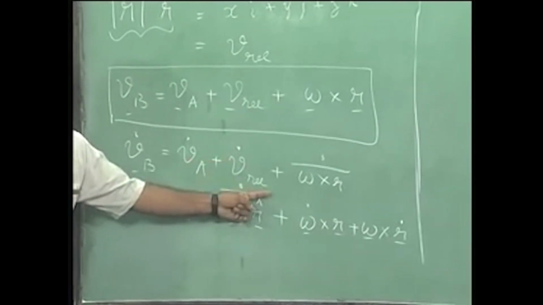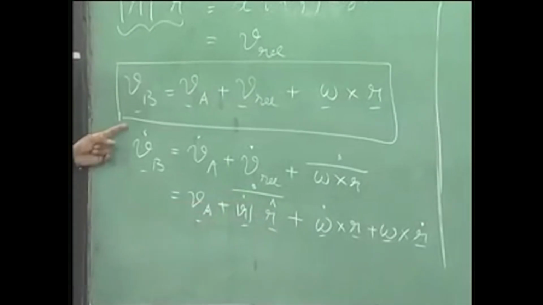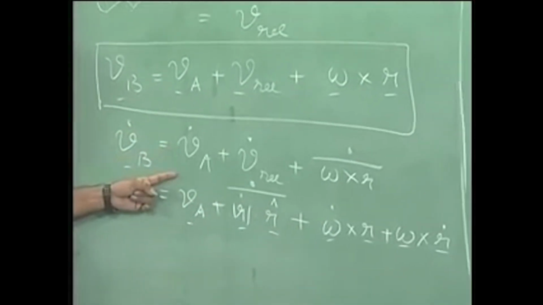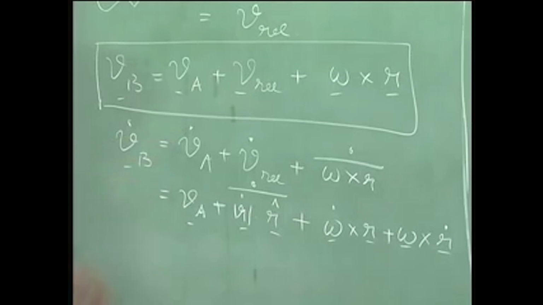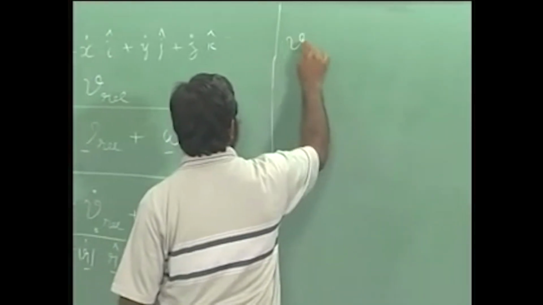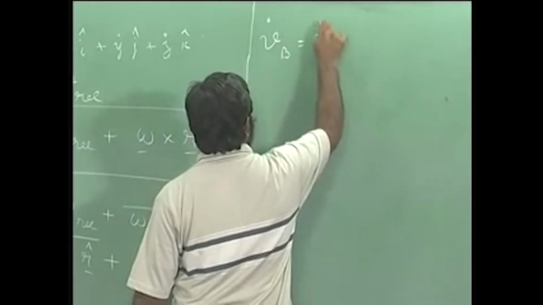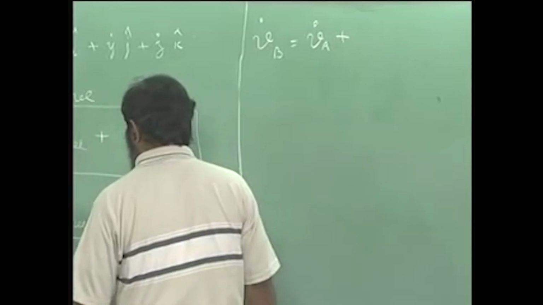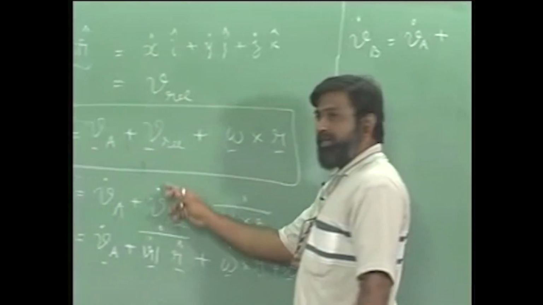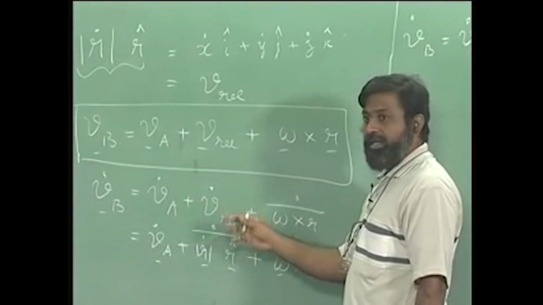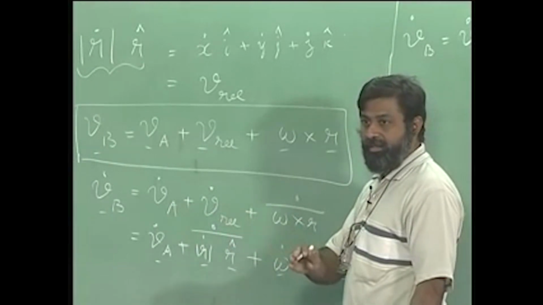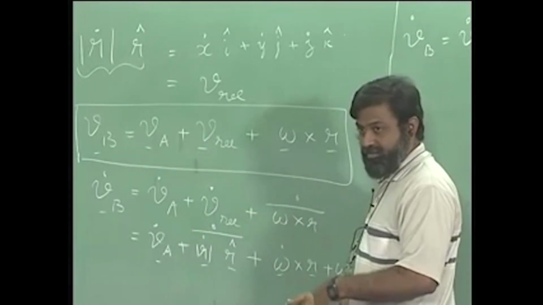V dot B equals V dot A. So let us just rewrite V dot B equals V dot A plus this V dot relative. Again, I have to now look at the magnitude and the direction, right.